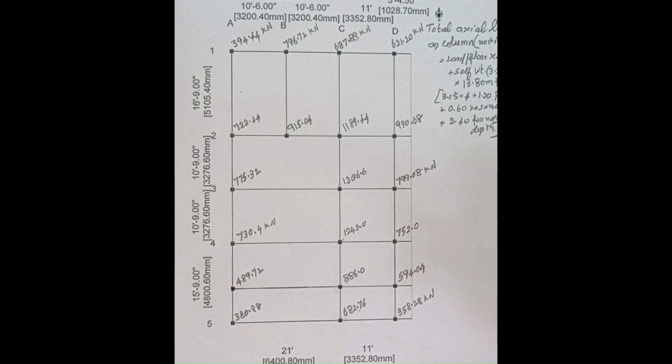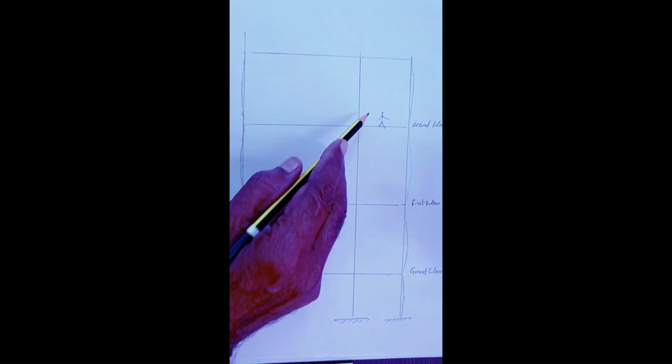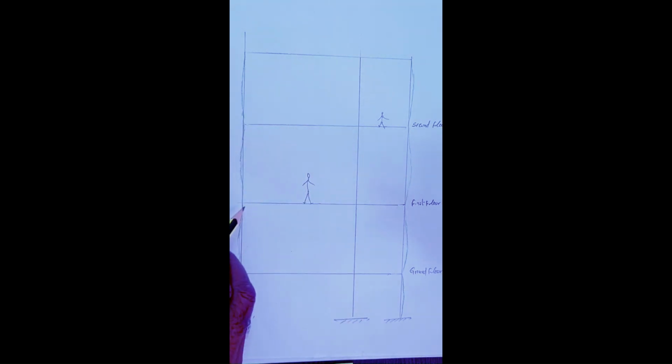This is the final drawing or column layout which indicates the maximum axial load, including the loads of every floor and self weight of the column. So with this column axial load only, we cannot design the columns because the columns do have some moments in them. Supposing this is an elevation, a pictorial drawing, these three are foundations, these are the columns, this human is standing there, these are the slab beams.